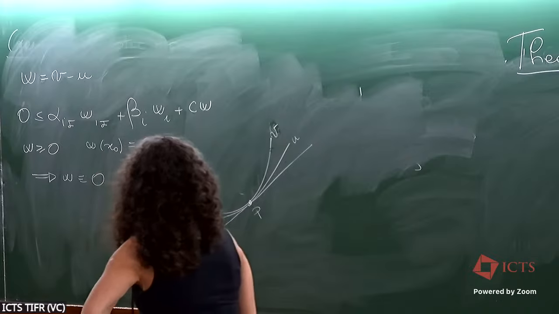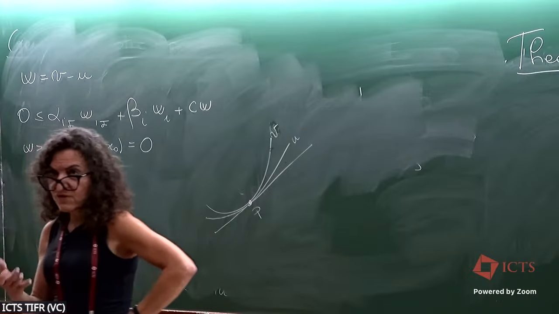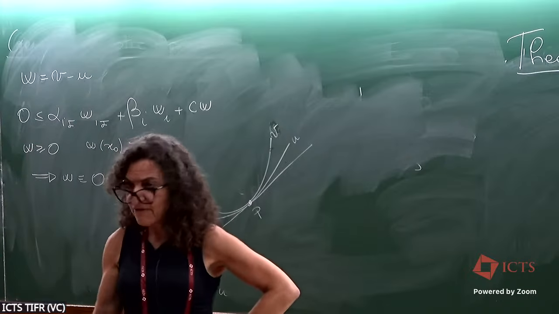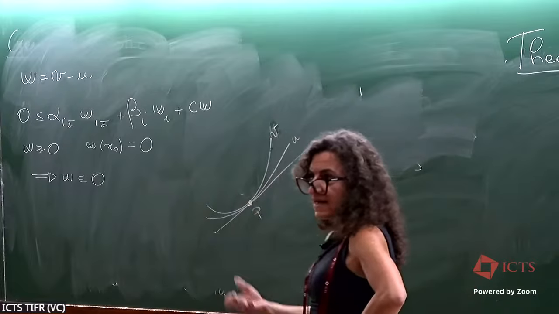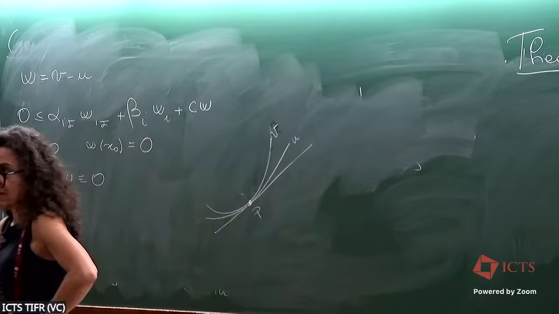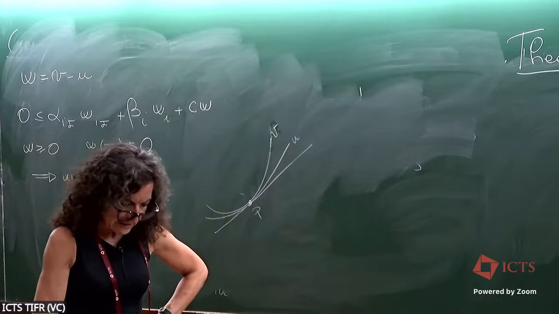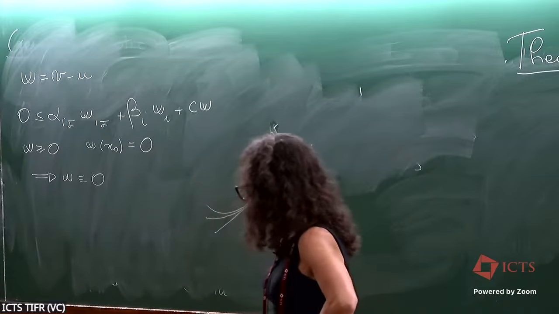And as I told you, if you have a CMC surface, you can write it locally as a graph above the tangent plane, and the graph will satisfy a quasi-linear elliptic equation, so it's simpler than this. In fact, this maximum principle holds much more in general.